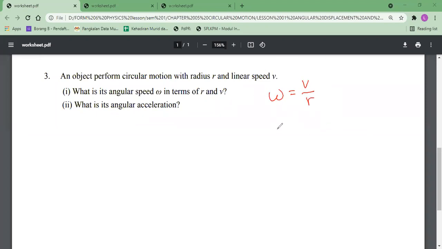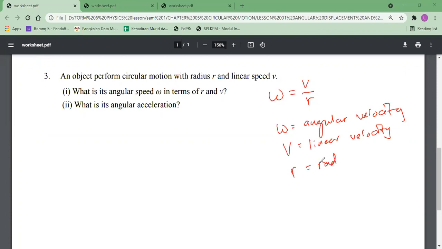Once we write like that, we must write out omega equals angular velocity, v is equal to linear velocity, and r will be equal to the radius. So that's all.